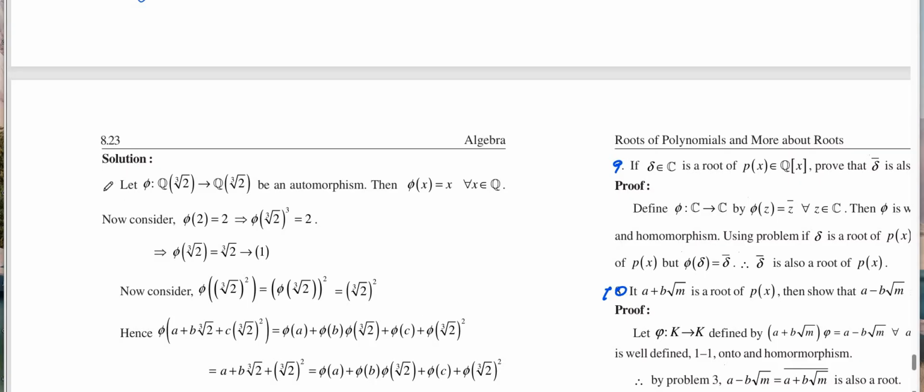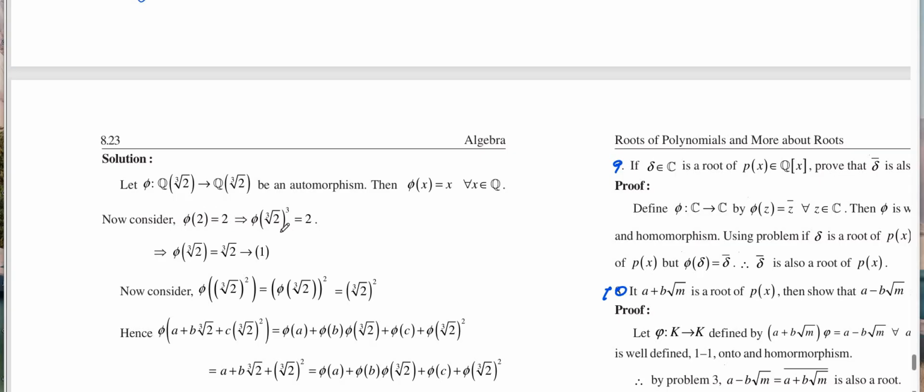Consider phi to be a mapping from Q of cube root of 2 to itself, the required automorphism. Now for all x in Q, phi could only be identity, so phi of x equals x. So 2 being an integer, you have phi of 2 equal to 2.